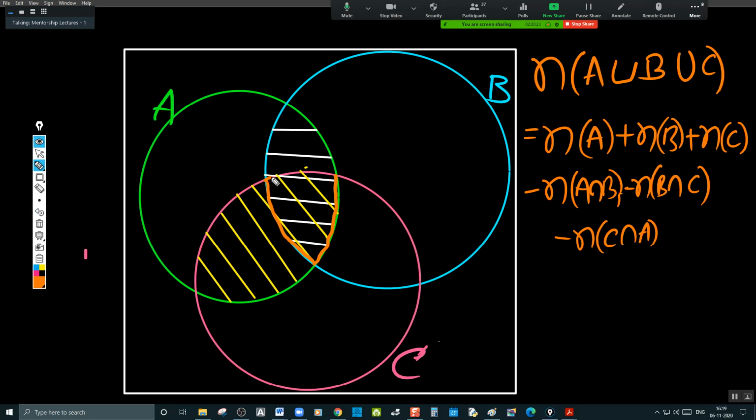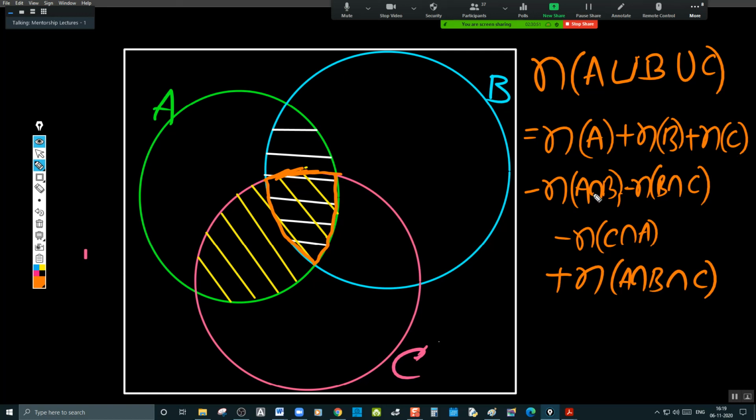All, that is A, B, C. Common area, how do we represent in set notation? Intersection. So because that is completely eliminated, we have to write it as n of A intersection B intersection C. This is the formula which is very important. You have a good number of previous questions simply on this formula.